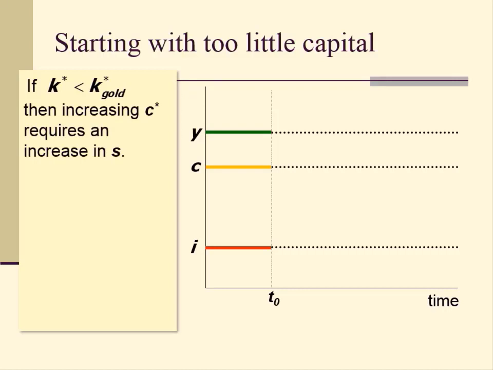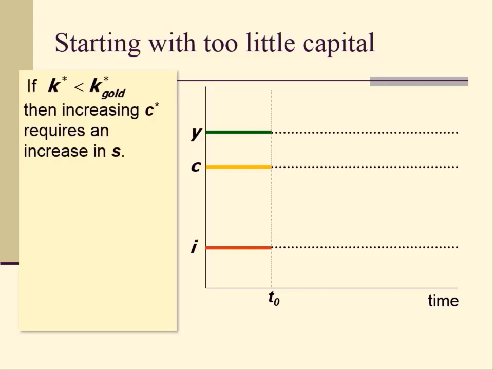So the policymakers increase the saving rate at T0, and the change in saving rate does not immediately change capital stock per worker K, so output per worker Y does not change immediately.